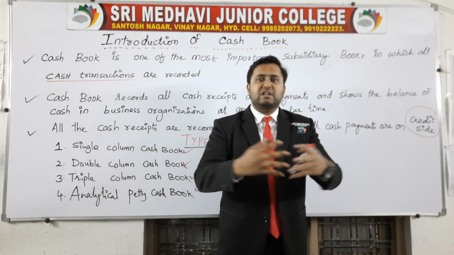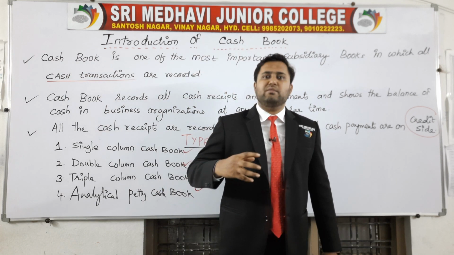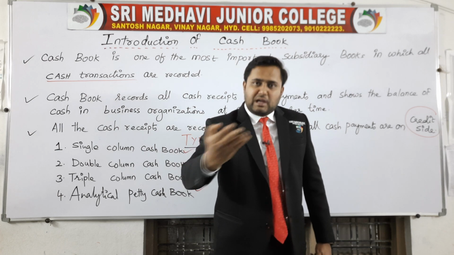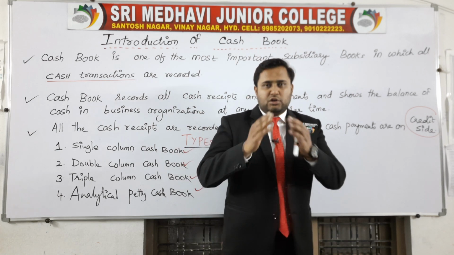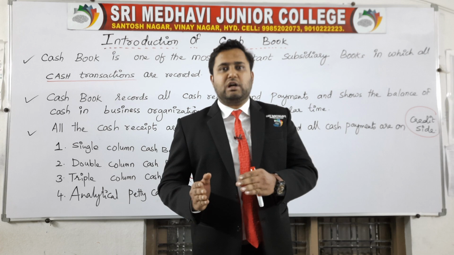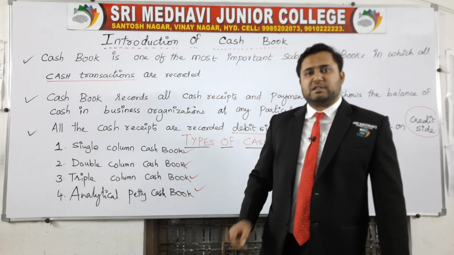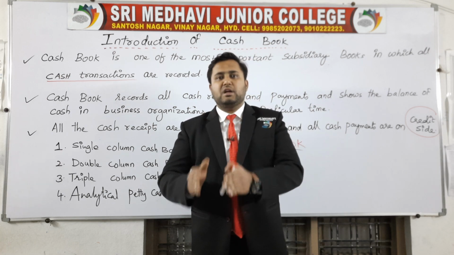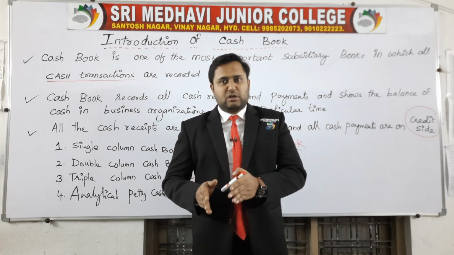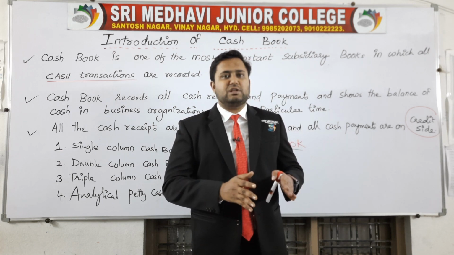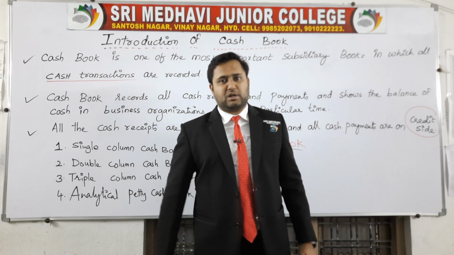At the time of exchange of goods and services, sometimes we have to give the discount, sometimes we have to receive the discount. Because of that discount allowed and discount received, we have to prepare double column cash book, in which we prepare two separate columns, discount allowed and discount received, in the respective cash book.